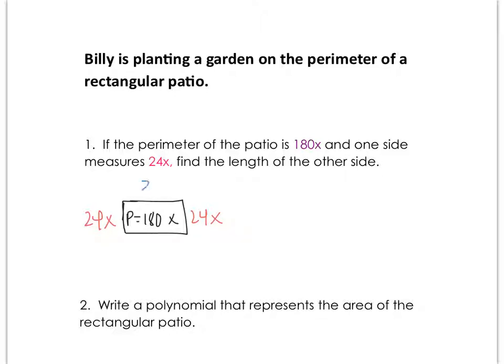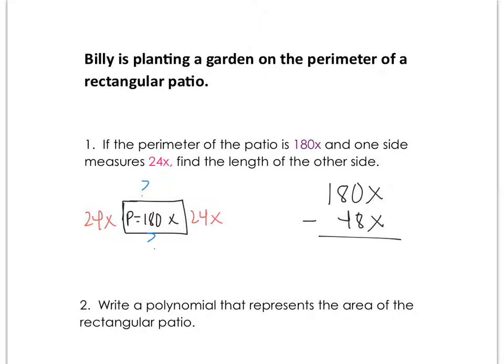So we've got to figure out the two missing sides. Well, the one missing side, because then the other side will be the same. So if I know the perimeter is 180x, and I know that side 1 is 24x and side 2 is 24x, side 3 and 4 are unknown but they're the same, let's subtract the sum of 24x and 24x, which is 48x.